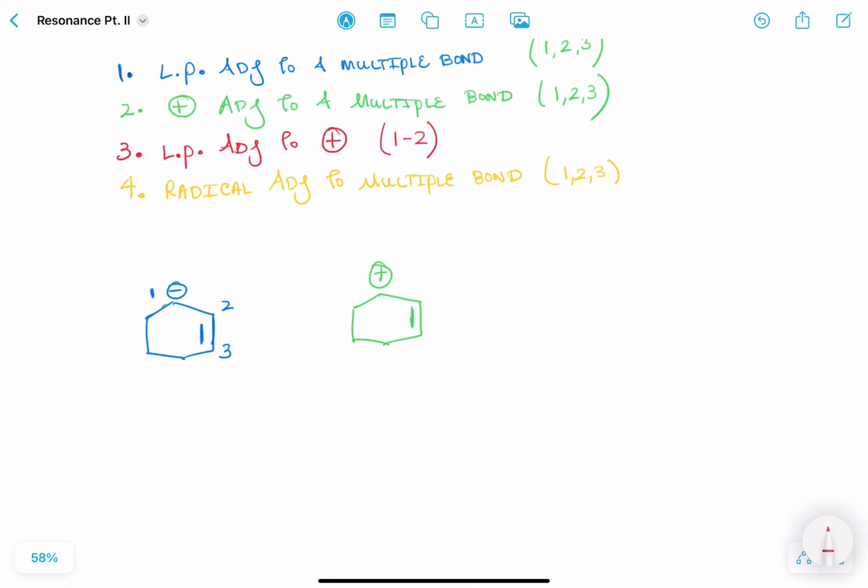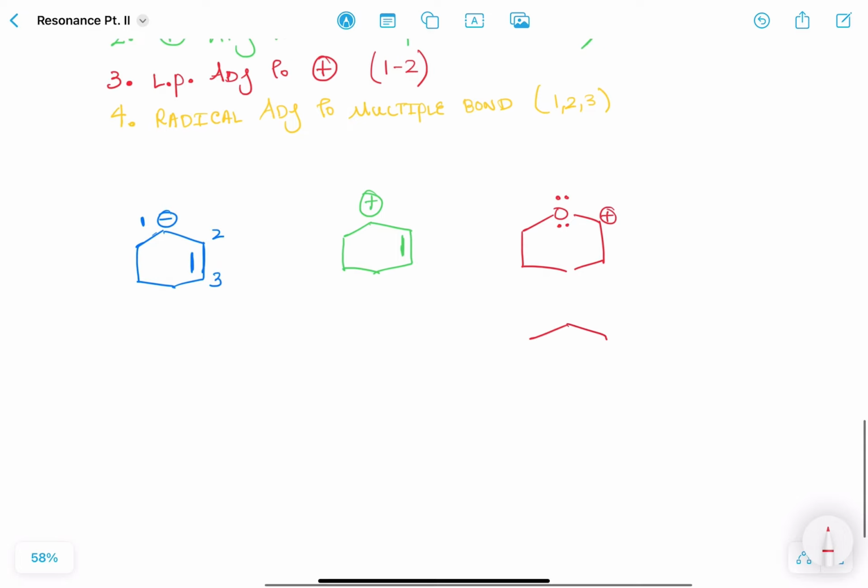Example 3 would be a lone pair next to a positive charge in a 1-2 relationship. I can equally draw it like this, with a carbon there instead, negative charge.